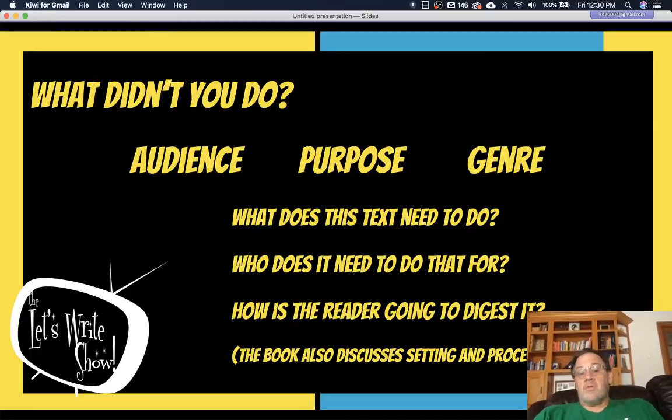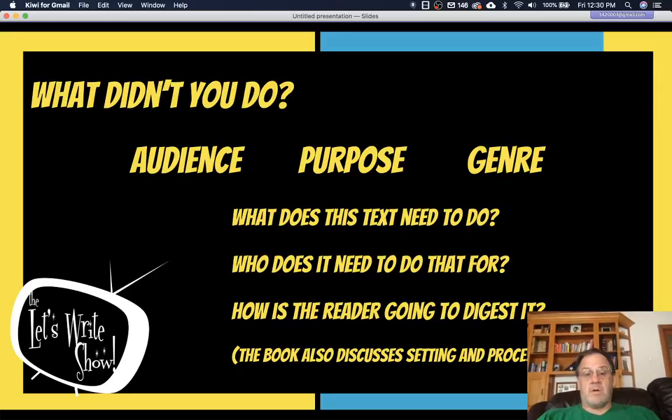Who does it need to do that for? And how is that person going to digest it, right? And then the book adds, where is this document going to be written? Where is it going to be read? And what process is going to be used to create it? Okay. So we can think about that.